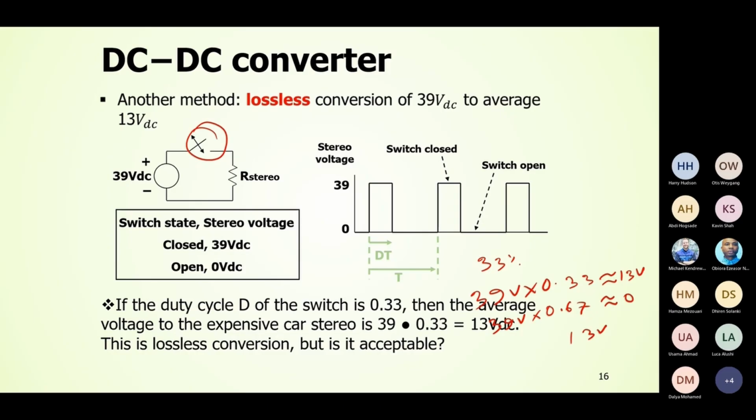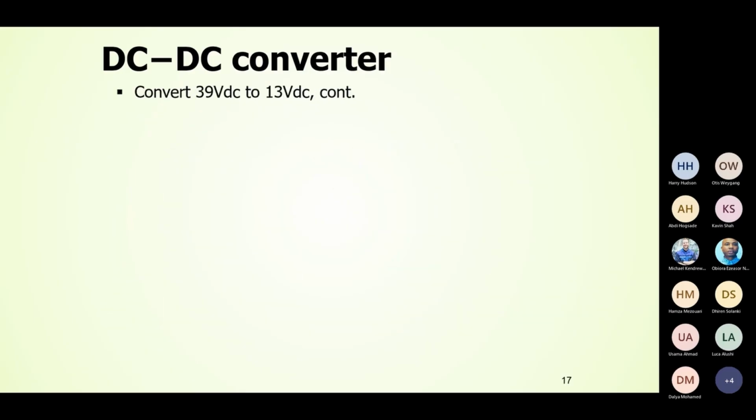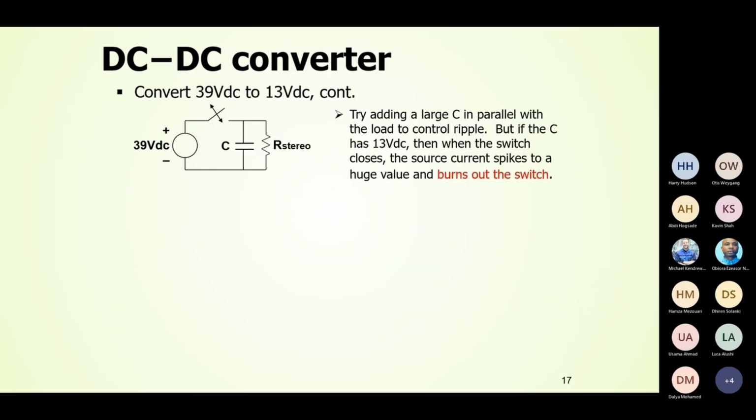In the lyrics, you might hear one character, then two characters off, then again another character, and things like that. So this is not ideal. Although here we have lossless conversion, this is not acceptable. This actually gives rise to the idea of the DC-DC converter.